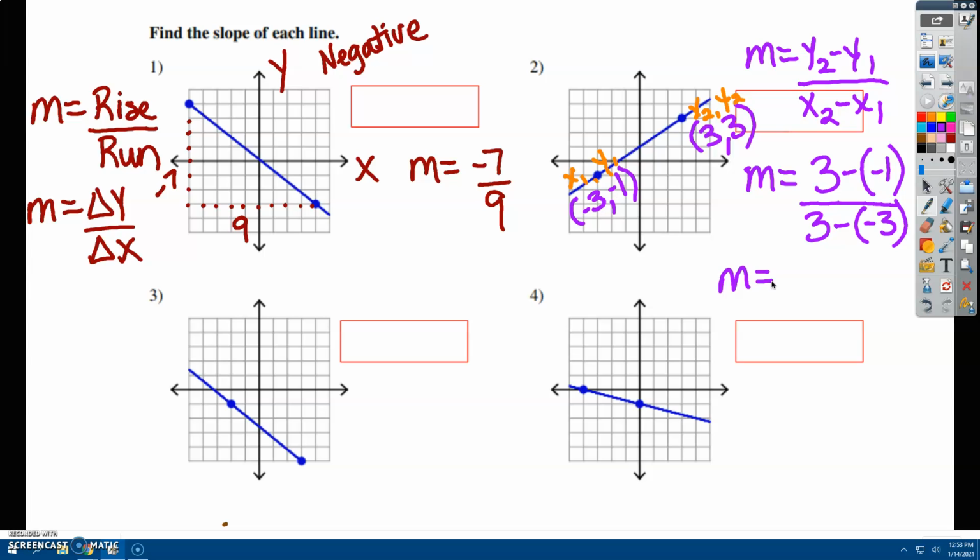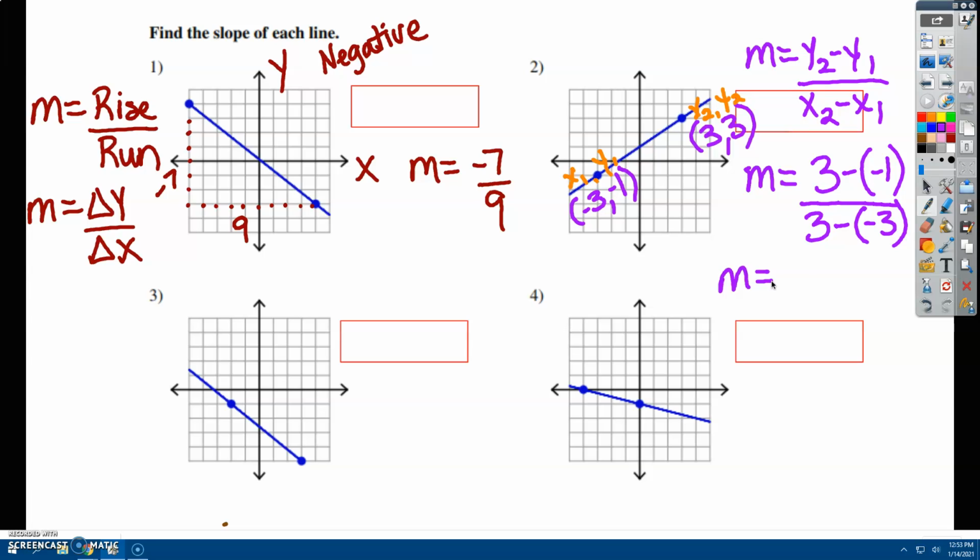What is 3 minus a negative 1? I'll give you a second. What are you going to end up getting? If you're putting that in your calculator, and I'm going to do it for you as well, 3 minus a negative 1, you should get a positive 4.